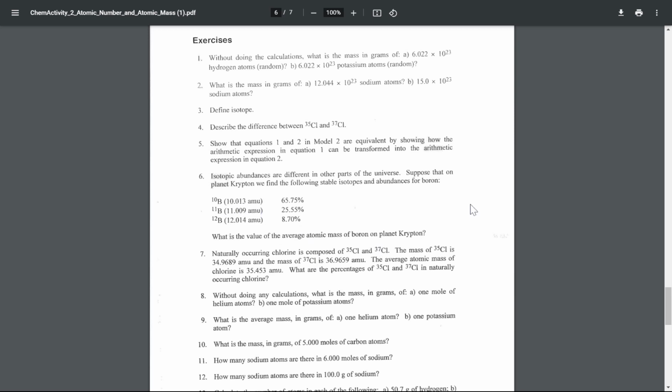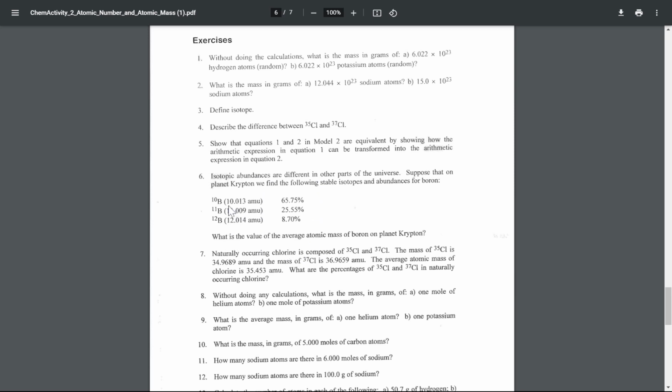If you want to find the average mass, it is easier to use model 2 that we looked at a couple of videos ago, where we're not looking at the number of atoms, but the percentage, because that's what's given here.